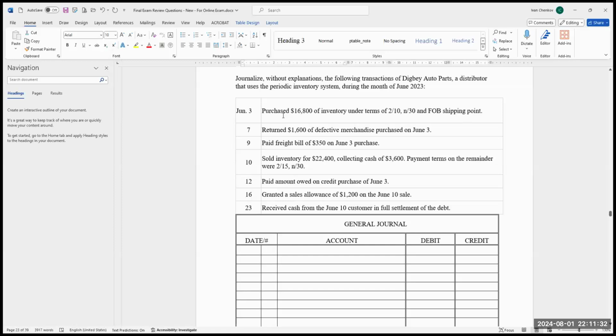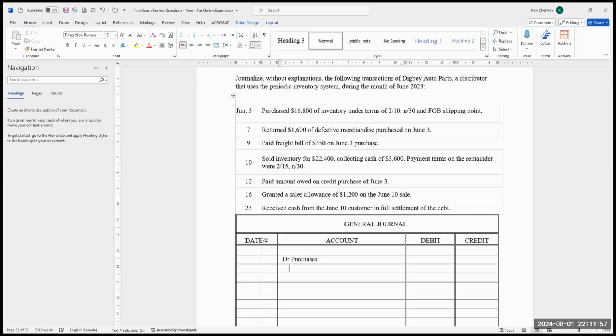On June 1st, what happened? We purchased 16,800 of inventory under the terms 2/10, n/30 and free on board shipping point. So what will be our journal entry? Debit inventory. Sorry, it's not inventory actually, since we're doing the periodic system, that will be debit purchases.